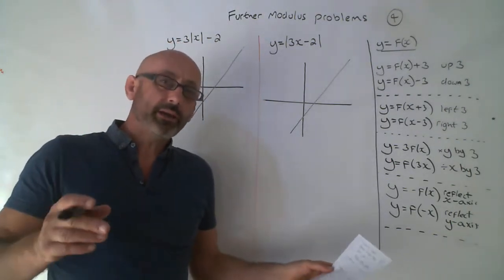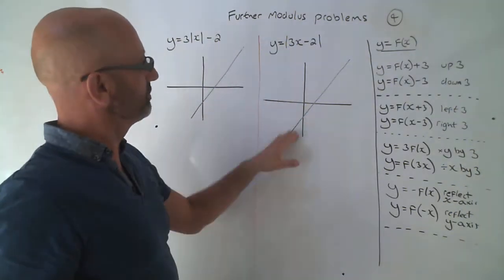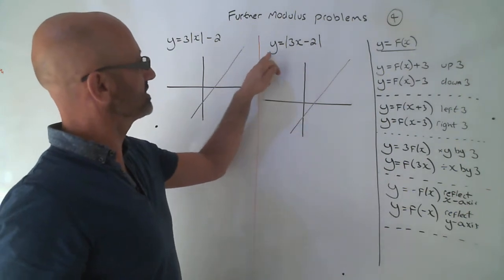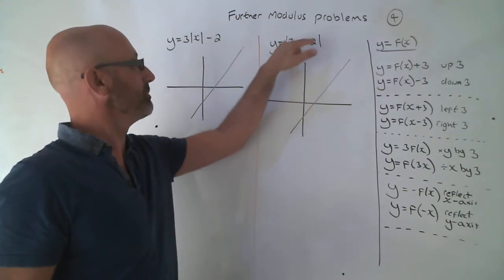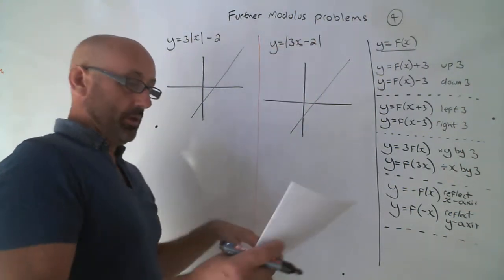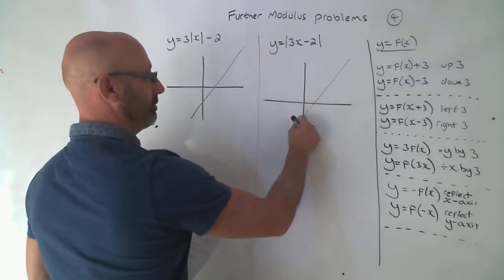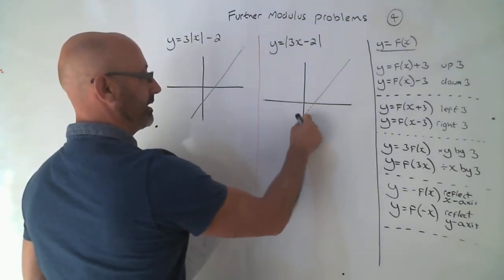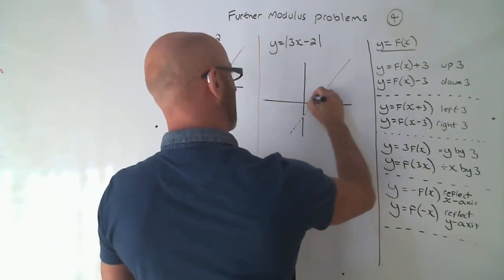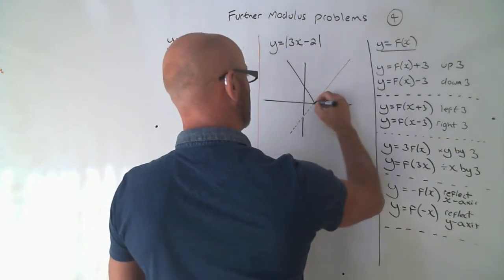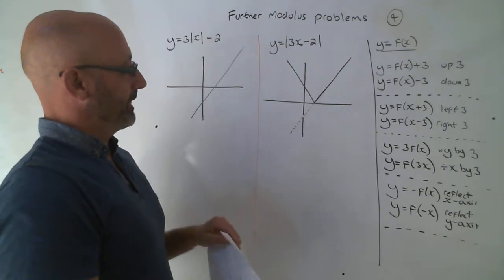So, quick recap. If you watched video 1, you should be very happy with how to sketch y equals |3x - 2| when the modulus is around it all. You should know that when you get to the x-axis, it goes up in a V, and it forms a V. That's what it would look like.